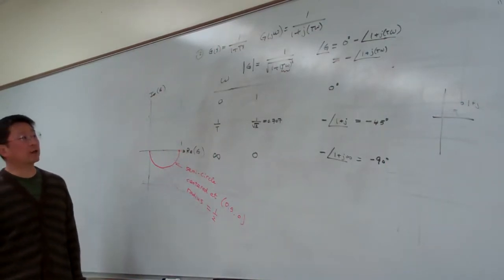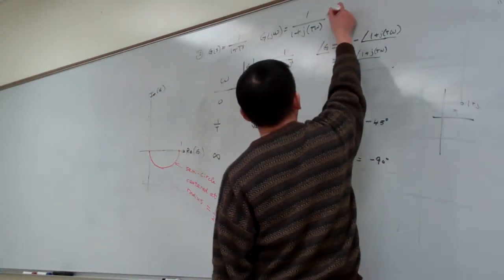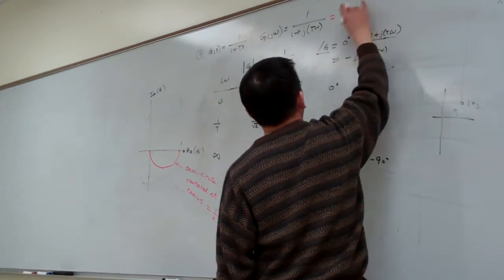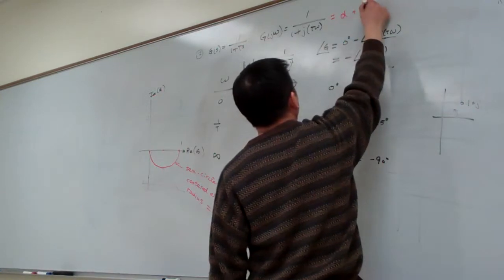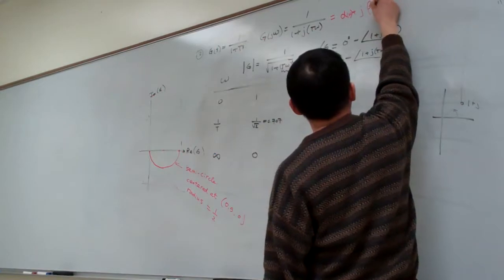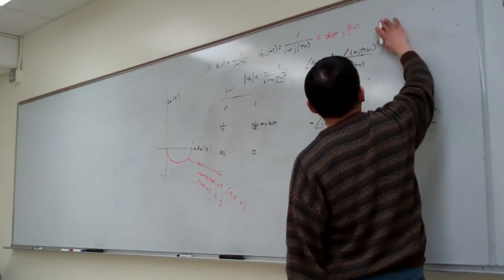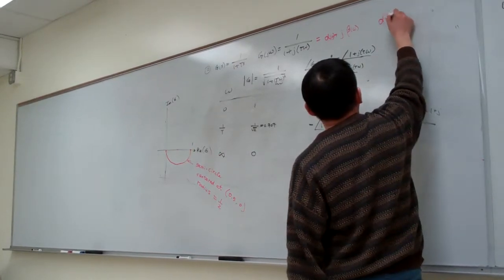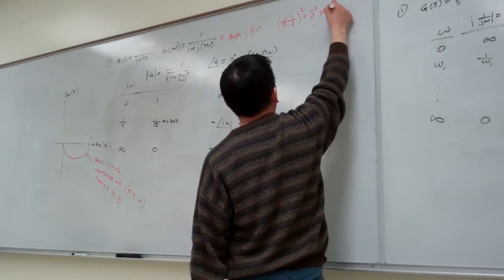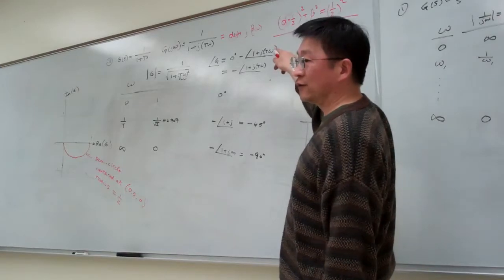Basically, you can try this. You simply have these portions, and this will become the real part plus j times the imaginary part, let me say this is alpha and beta. Alpha is a function of omega. Beta is a function of omega. And you can show it. (alpha minus 1/2) squared plus beta squared equal to (1/2) squared. This is always true, doesn't matter the value of the omega.